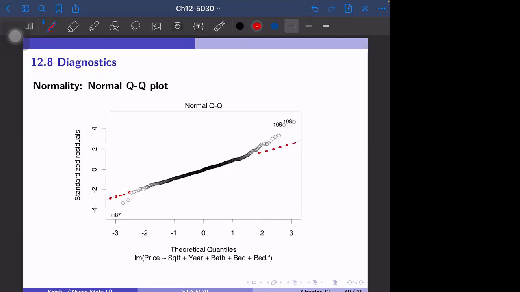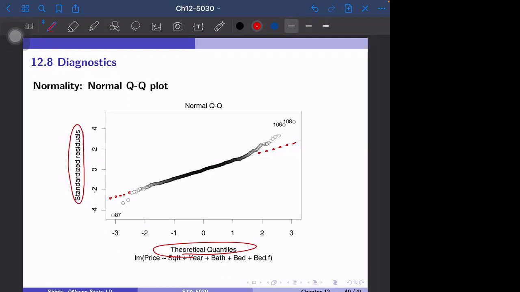So remember that the horizontal axis is the theoretical quantiles for errors, and the actual errors are on the y-axis. Both are ordered. The theoretical quantiles are ordered from the smallest to largest. We have about 500 observations in this case. And the standardized residuals are the actual residuals, also ordered. So if everything is correct, then this should be the diagonal line.